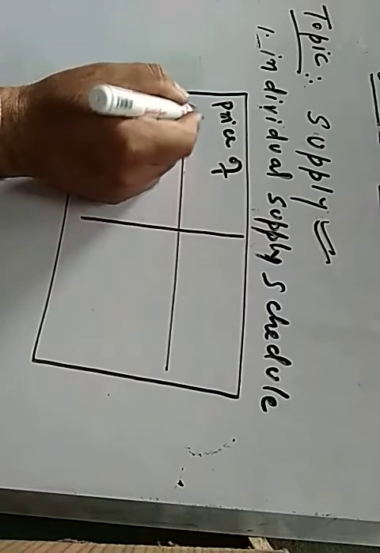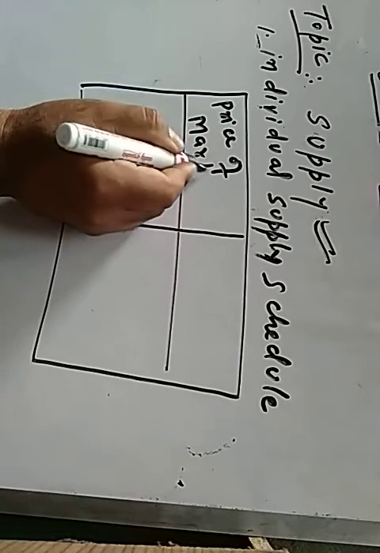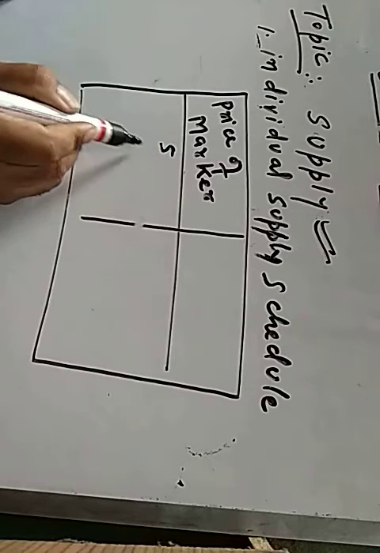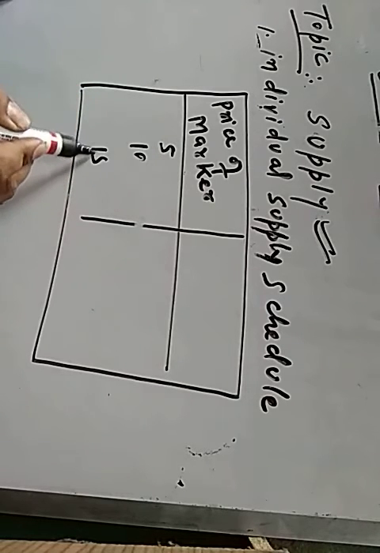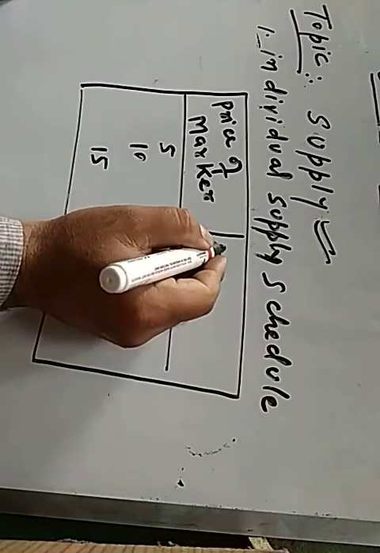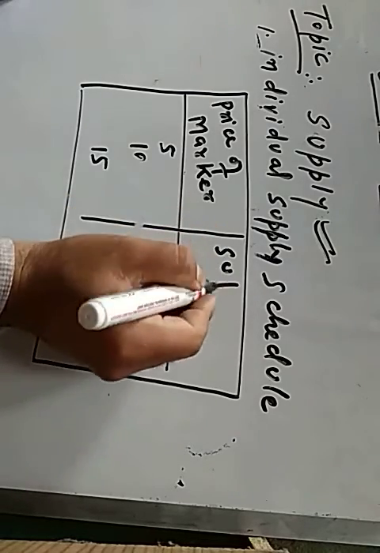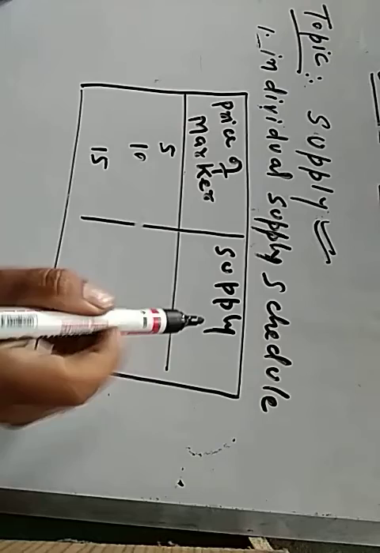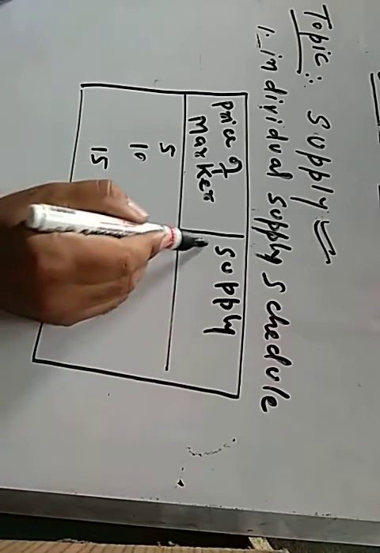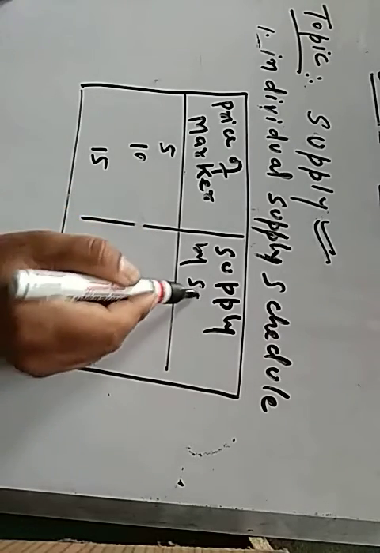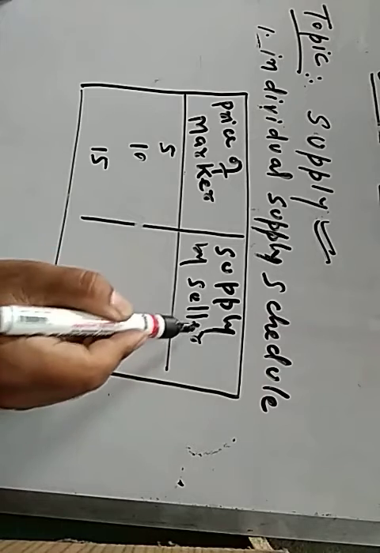The commodity we have is marker, and the price is 5, 10, 15, 20 and so on. Supply, I mean quantity supplied by seller A or producer A.